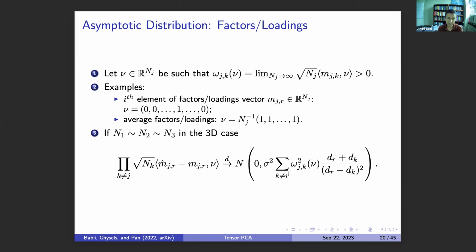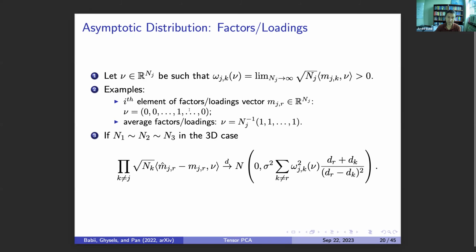Next, we also have the asymptotic distribution for inner products of factors and loadings with some vector denoted by nu. For example, we can pick a vector which has all entries equal to 0 and one entry equal to 1, in which case the inner product would be just looking at a loading for a specific cross-sectional unit or a factor at some particular point of time.